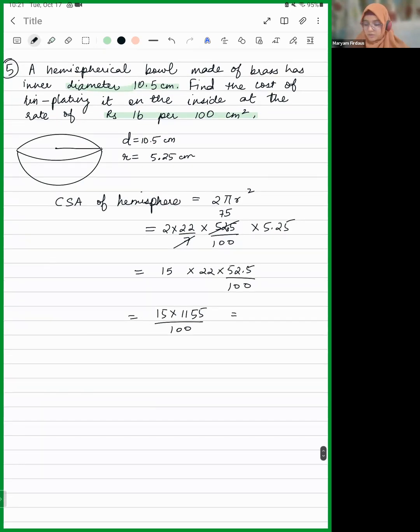This is going to be 17325 by 100, which is 173.25 centimeters squared.